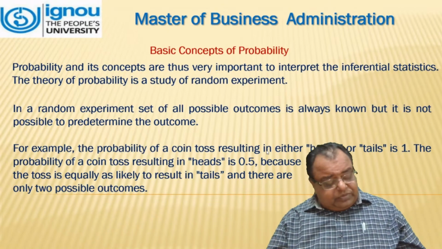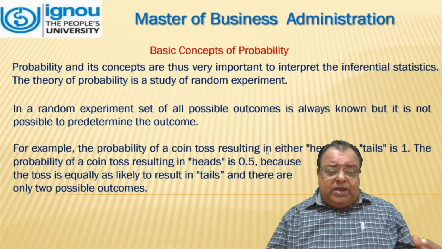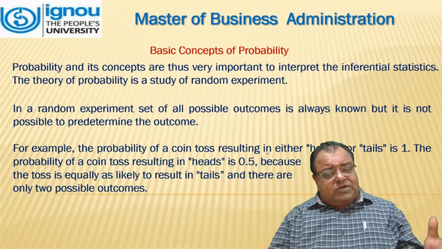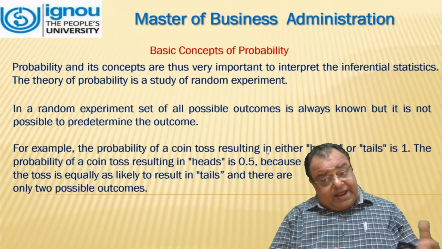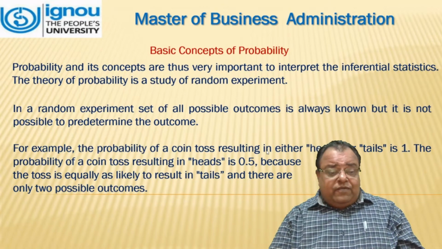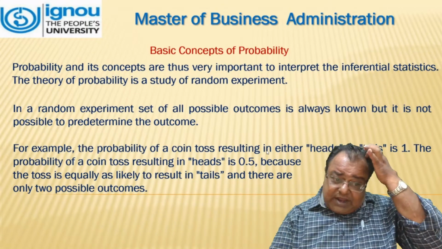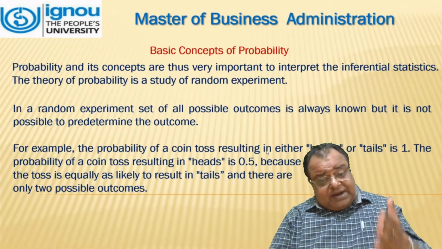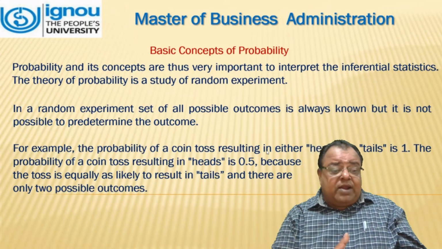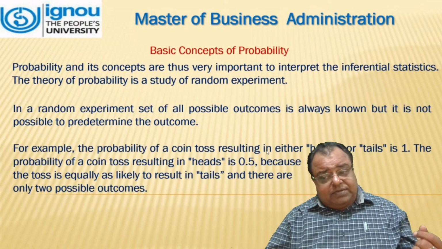For example, the probability of a coin toss resulting in either head or tail is 1. The probability of a coin toss resulting in head is 1 by 2 because the toss is equally as likely to result in tails, and there are only 2 possible outcomes.